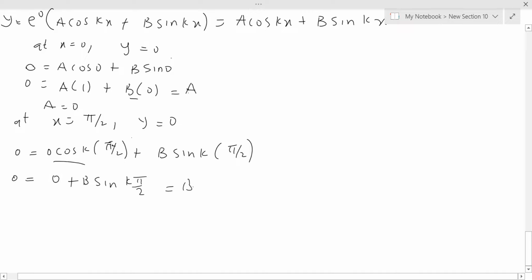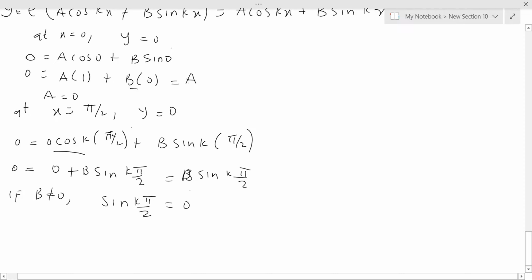So this is just b sine k pi over 2. So just like case 2, when you get to this point, we have to discuss which of them is 0. So if we assume that b is not 0, it means that it is sine k pi over 2 that will be 0. So let's see if this guy is 0.